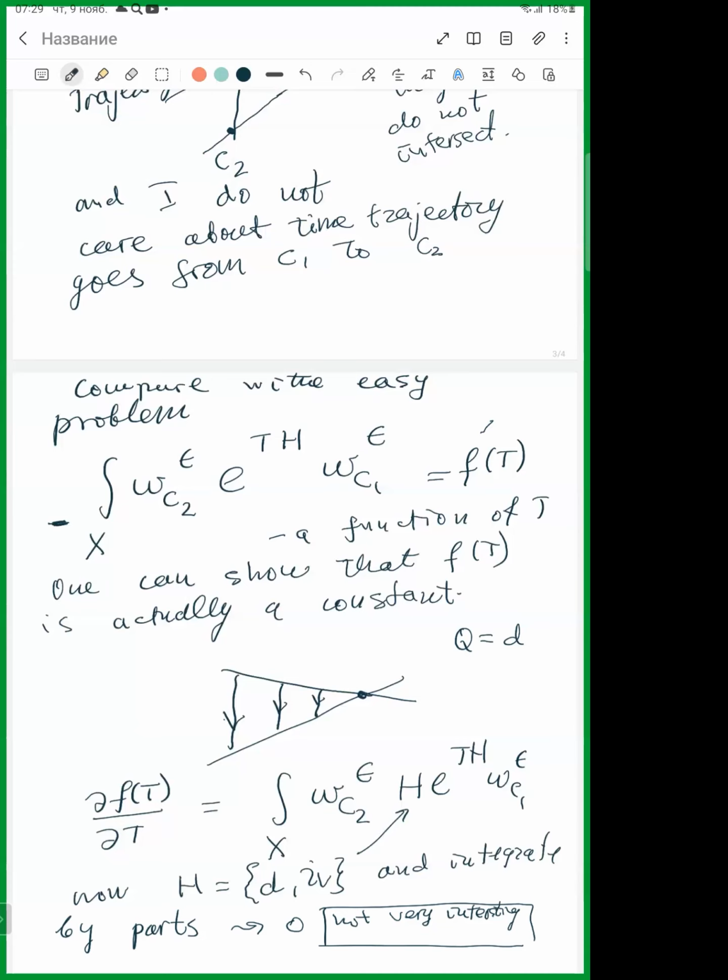Of course. Is this dependence interesting? It is just an intersection number of C1 and C2. So it is something relatively easy. Intersection number of cycles C1 and C2, or of C2 with C1 transported by the time t? Yes. So we somehow show that they are the same.